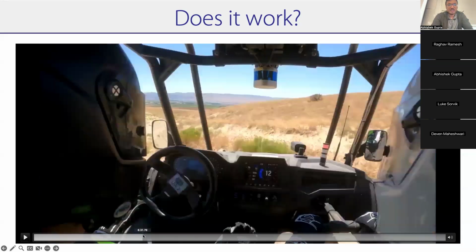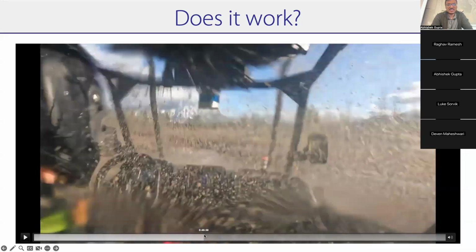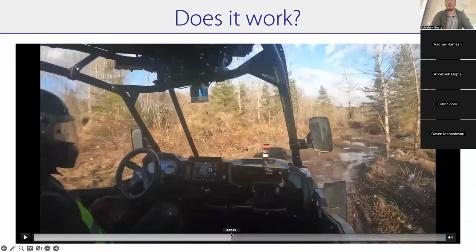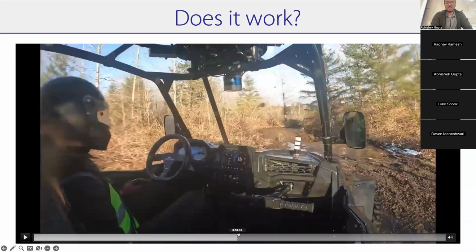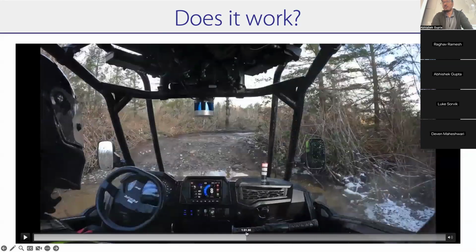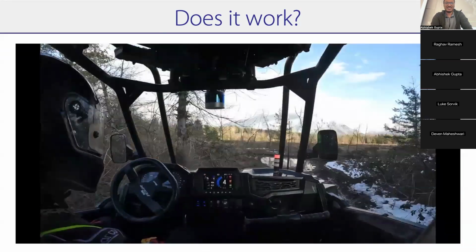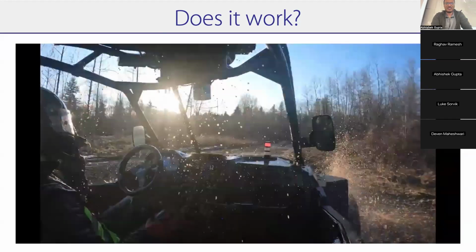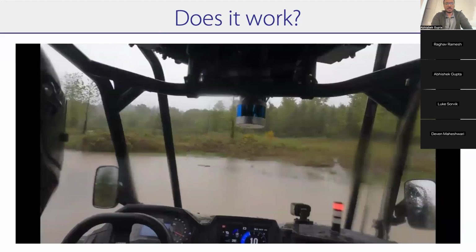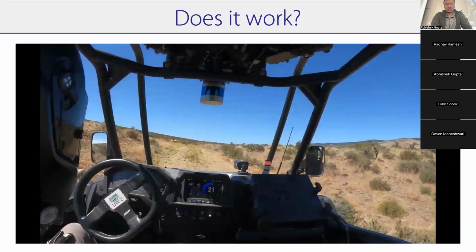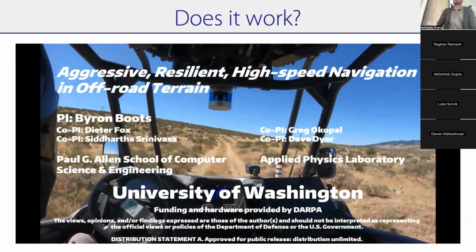But basically you can see that it goes through all sorts of different terrain, all of which is pretty hard to model. But the trick is just don't try to model everything perfectly, just replan enough that you can recover. It is quite robust to different types of terrain, different types of perception, and so on, all with the same MPPI algorithm. So it really works in the real world.